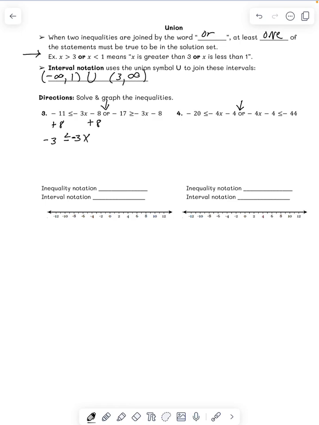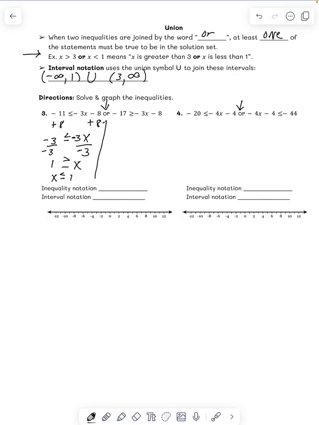So right away I should be thinking that I'm going to flip my inequality symbol when I divide by 3, and I'm going to end up with x. So 1 is greater than or equal to x. So when I flip these around, remember, the little point is still going to be touching the x. The alligator is still eating the 1.